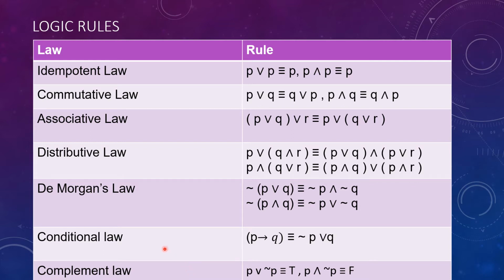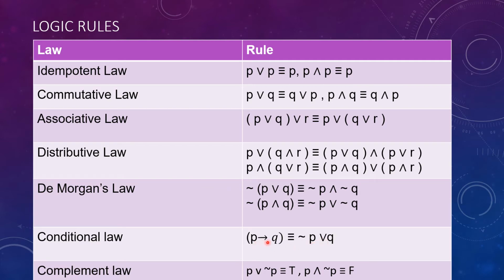Next we have conditional law. Now what do you mean by conditional law? We have learned P implies Q. In P implies Q, we have the if and then keywords. But if I want to write a statement of if and then without using if and then, I will replace this P implies Q by negation P or Q. How to justify this?